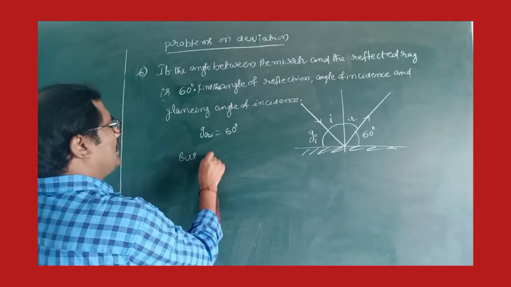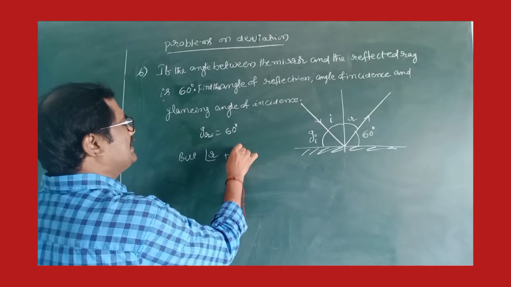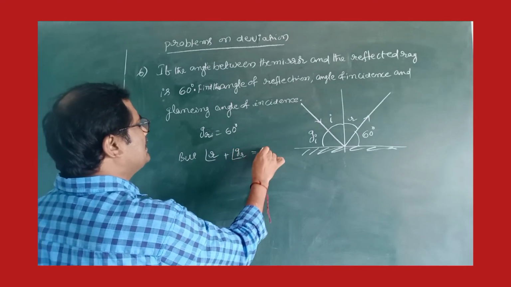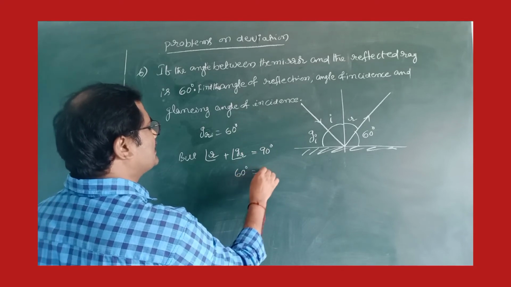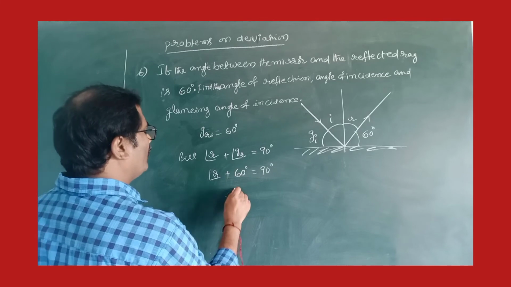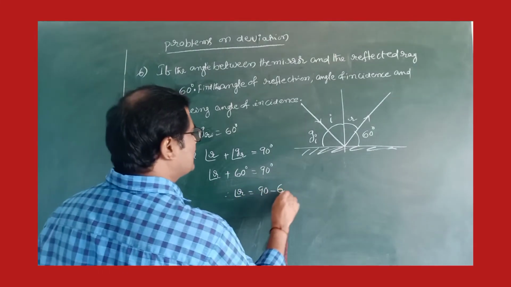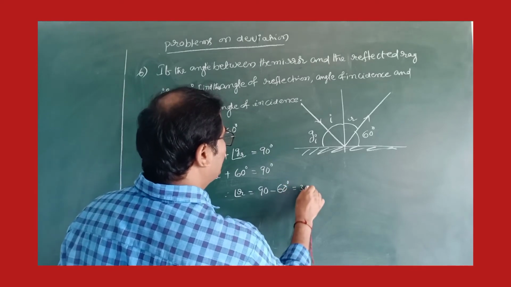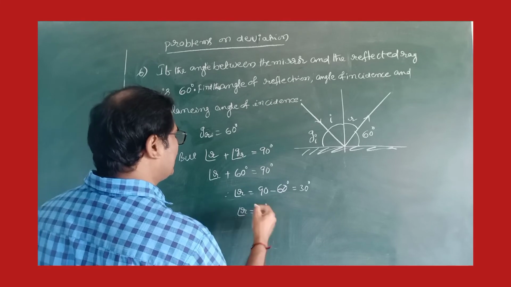The angle of reflection plus the glancing angle of reflection is 90 degrees. Therefore, angle r is equal to 90 minus 60 degrees, which is equal to 30 degrees. That is, angle r is equal to 30 degrees.